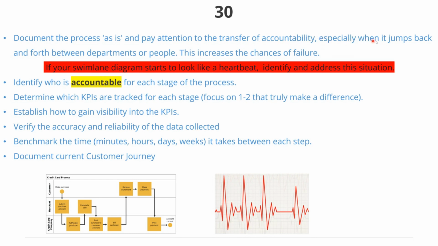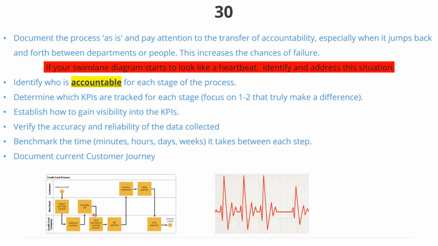Please note, I say here, when it jumps back and forth between departments or people. What I mean by this is, in the swim lane diagram, in the perfect world, when a process starts, it will have as few jumps between departments as possible. If this is a department in a lane, every single time this is crossed, there is a chance there'll be a mistake.